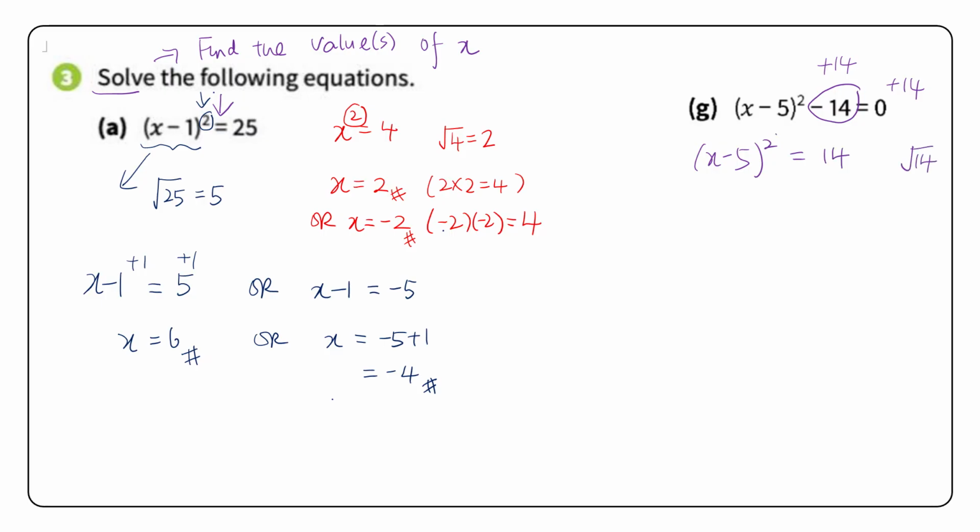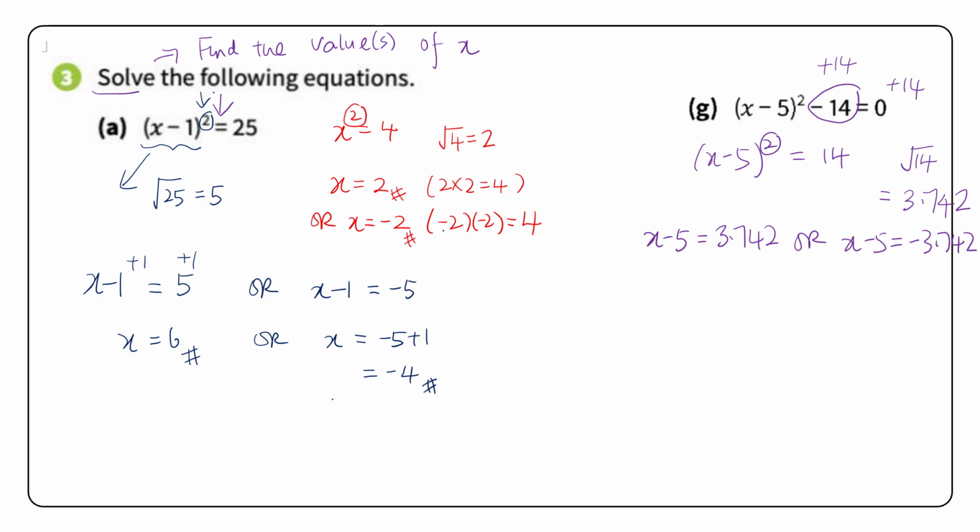And because of this power that it's a multiple of 2, when you square root 14, you get 3.742. Right, so it's possible to be 3.742 or negative 3.742, right?